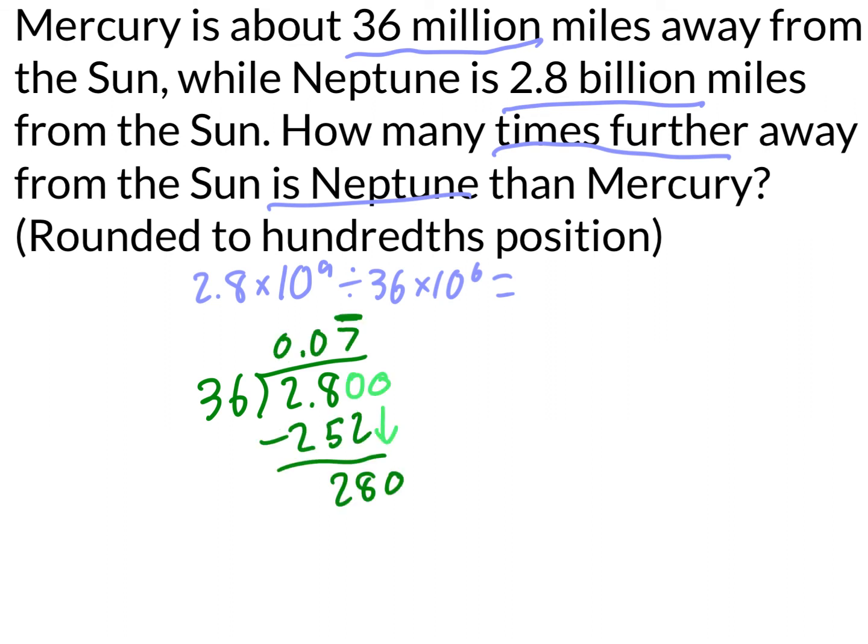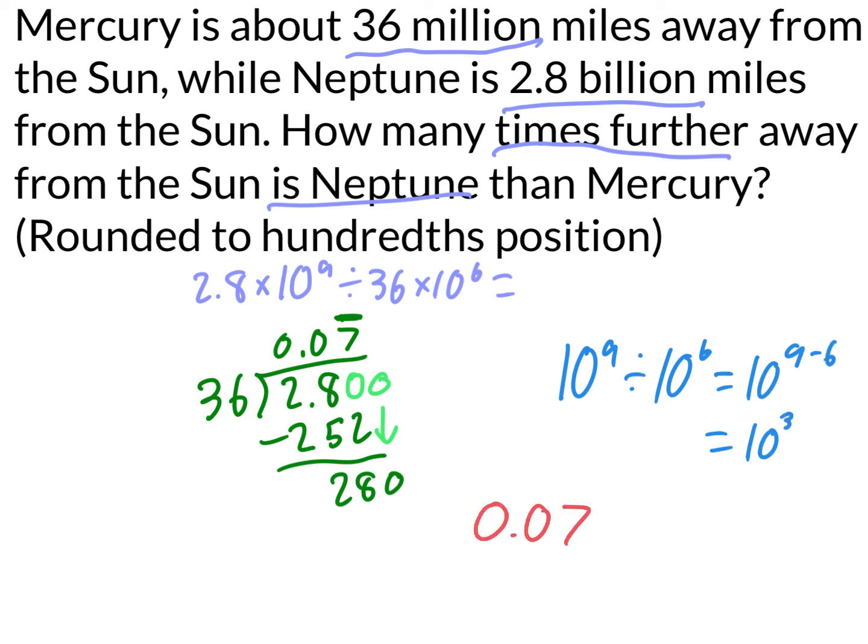Now let's look at the exponents. If we have 10 to the 9th power divided by 10 to the 6th power, we're going to end up with 10 to the 3rd power. So right now our answer is 0.07 repeating times 10 to the 3rd.